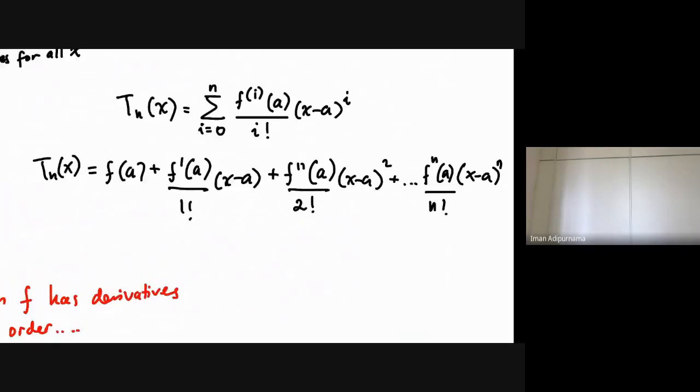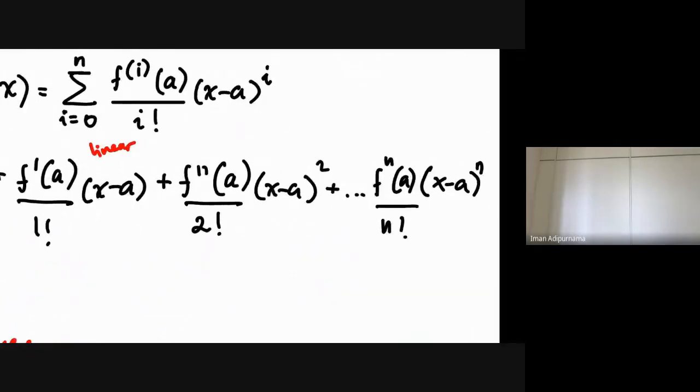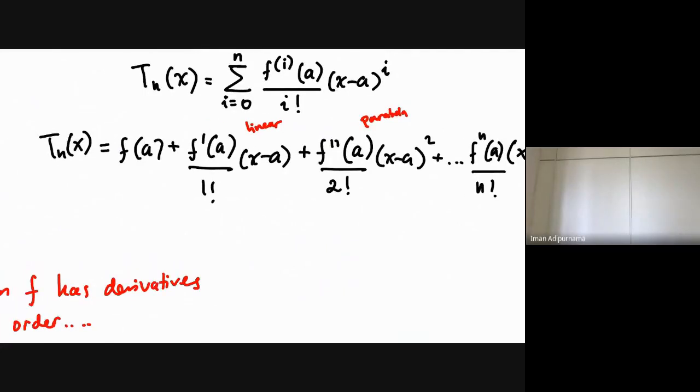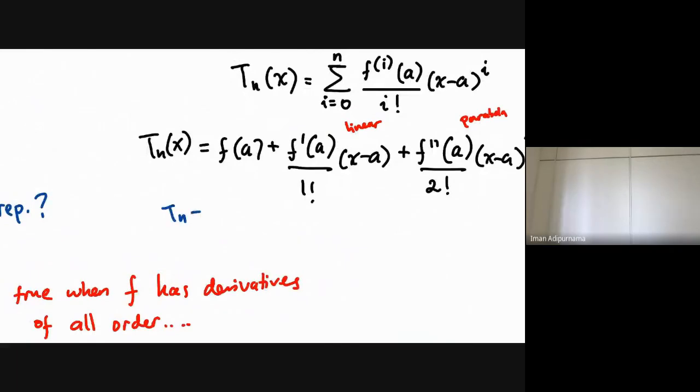If you see the terms, the first one is linear, right? The second one is squared, or a parabola, right? Then the cubic. So we can observe that T n is a polynomial of degree n.